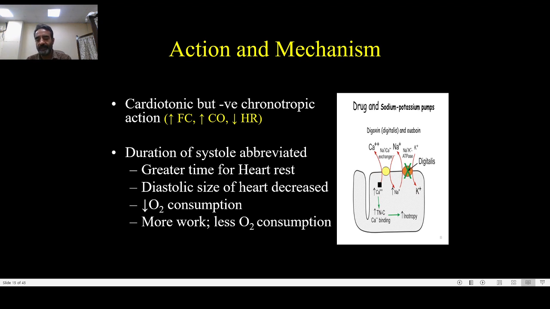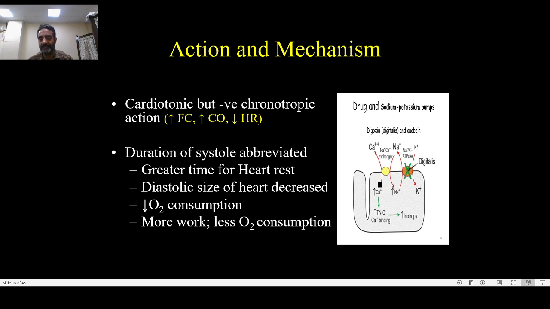When this pump is working normally, it promotes sodium extrusion from the myocyte, and this sodium extrusion leads to decreased inhibition of the sodium calcium exchanger, when digitalis is working on the sodium potassium ATPase.